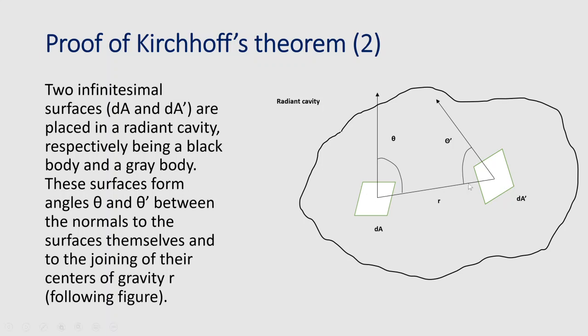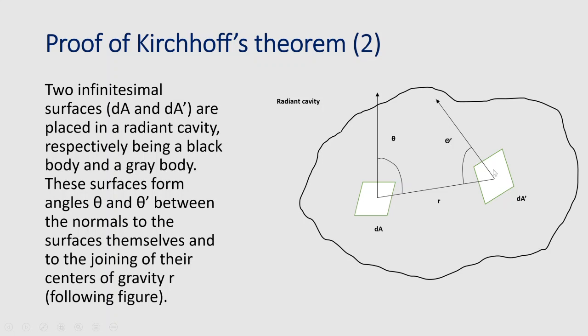These two infinite surfaces are positioned at a distance r, and r is the line joining the two barycenters of these surfaces.